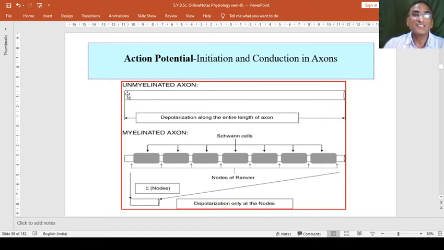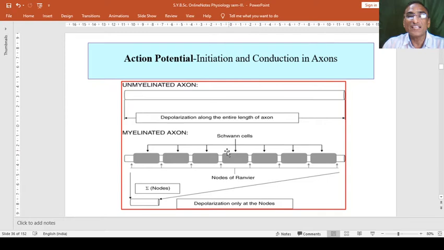You see, this is a simple unmyelinated axon, and this is a myelinated axon, means an axon enveloped by a sheath. We can call it a Schwann sheath or myelin sheath.